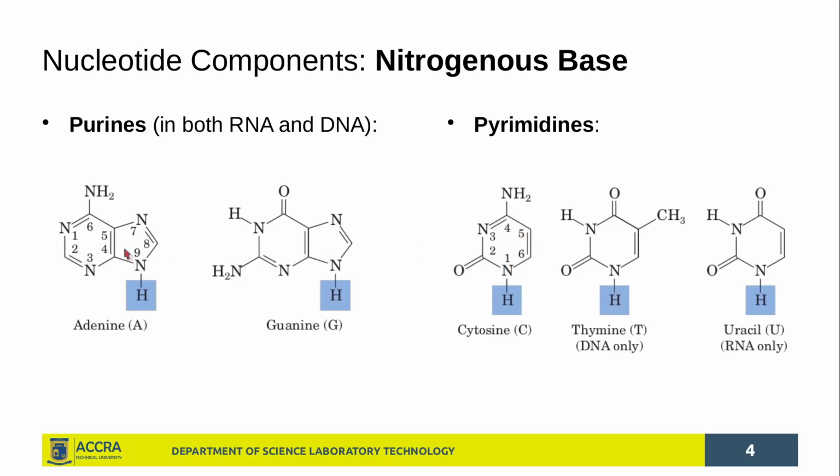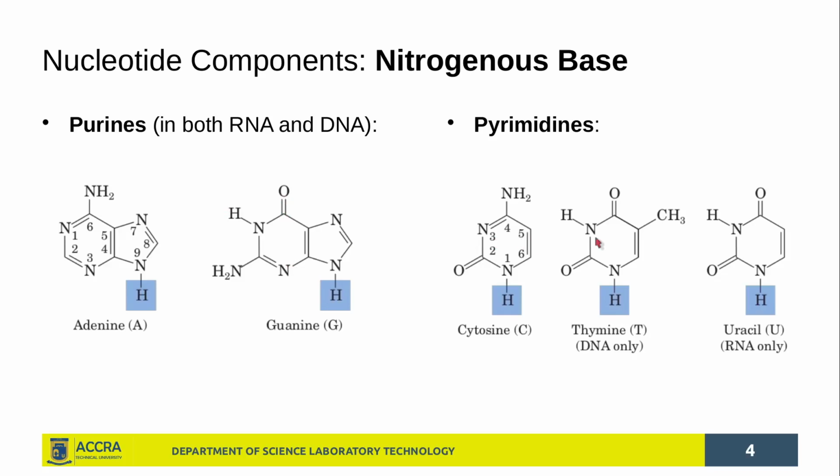Now, the differences you notice between adenine and guanine is that on carbon number 2, you find the amine group for guanine, whilst on carbon number 6, you find the amine group for adenine and the double bond O for guanine.